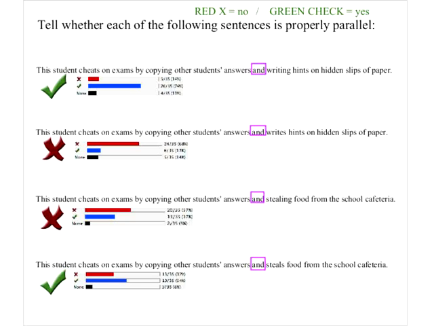So notice the right-hand structure is automatically included. So writing hints, these things that follow and, these are included because they follow a signal word, because they follow and. So something must be parallel to this. Give me a smiley face if you guys understand that.